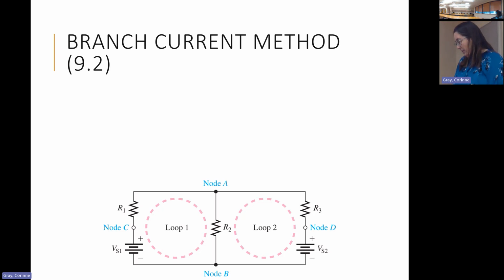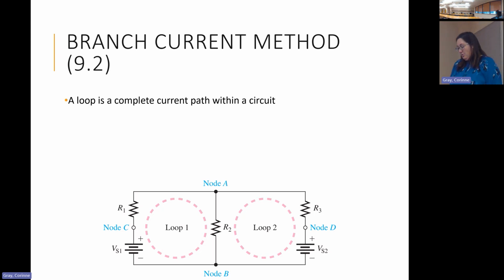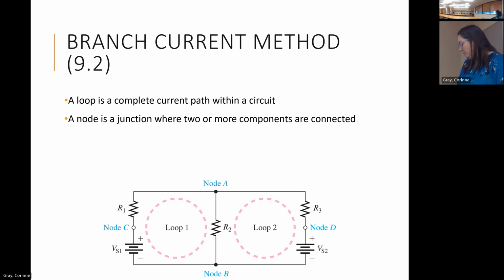Any loop is a complete current path within a circuit, so you'll start and end at the same location. Looking at this here, R2 in the middle is going to be shared between loop 1 and loop 2, so we would need to make sure that that is being applied correctly.